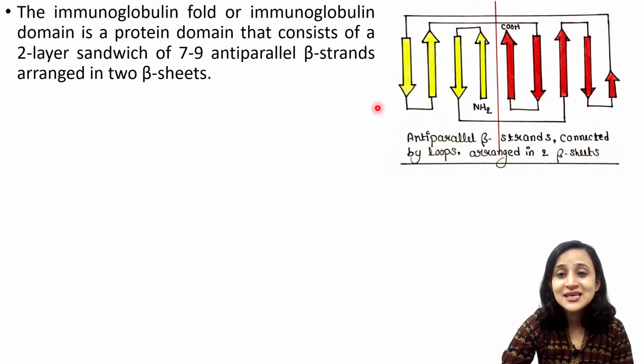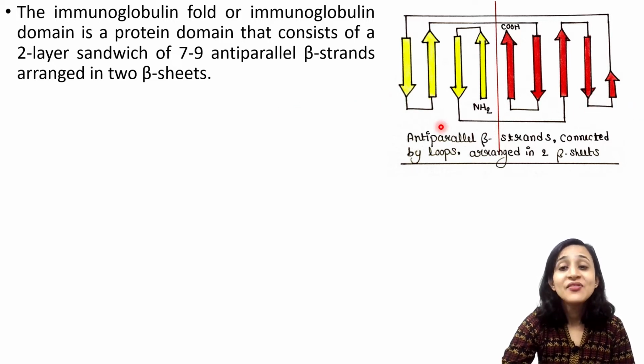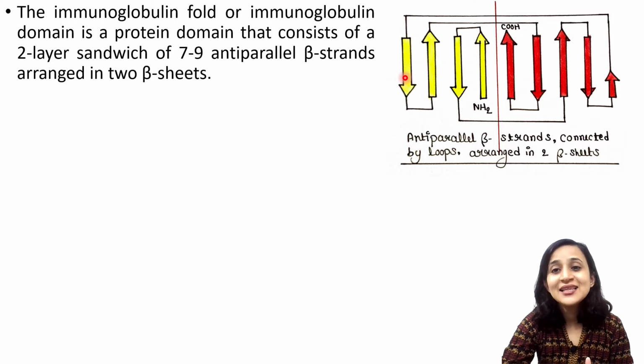So here you can see in this picture 1, 2, 3, 4, 5, 6, 7, 8, 9. So 9 antiparallel beta strands are here arranged. And they are connected by loops and arranged in 2 beta sheets. So the first sheet is this, which contains the yellow one, and this is the second beta sheet which contains this red one.